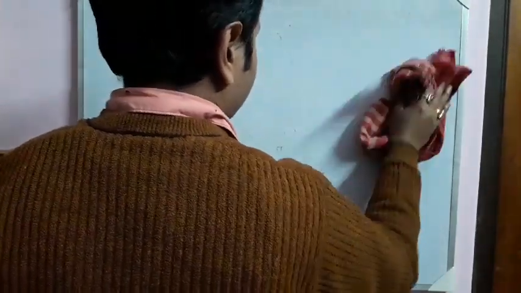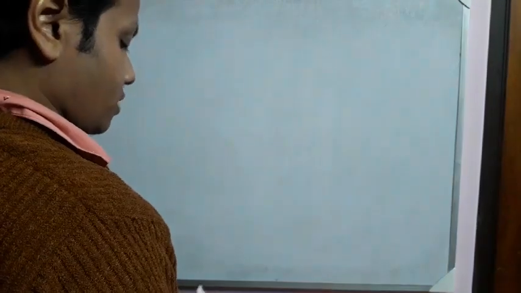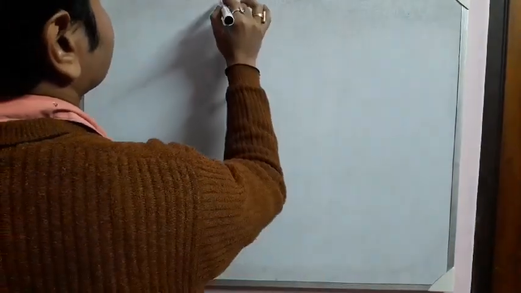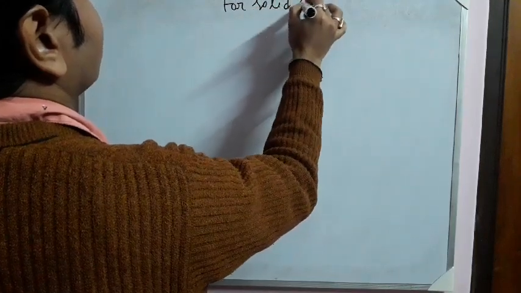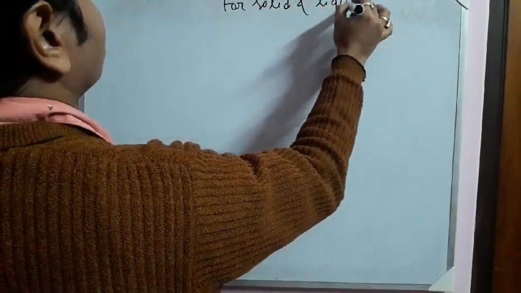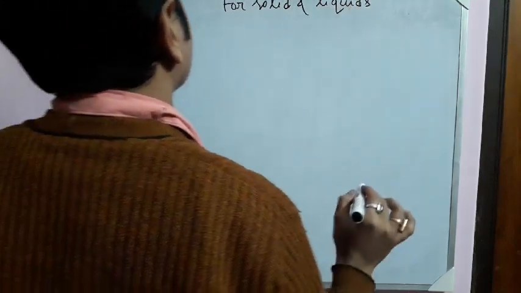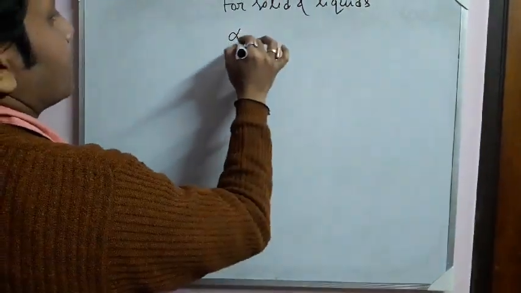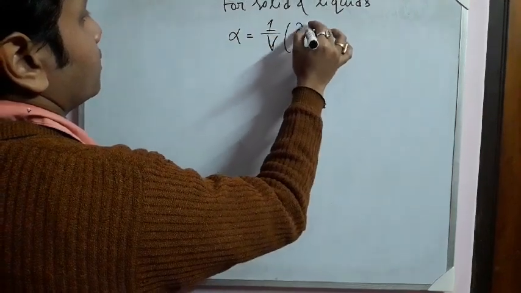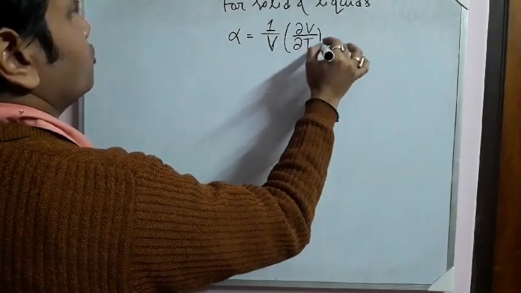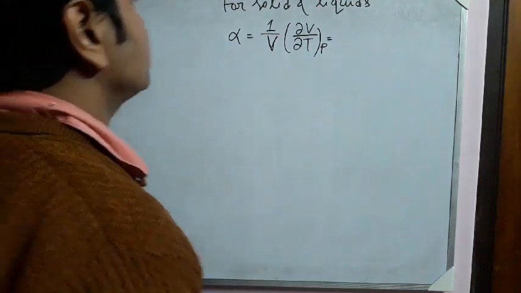What happens for solids and liquids? In this case we know that alpha is the volume expansion coefficient, that is, the increase in volume per unit rise in temperature.